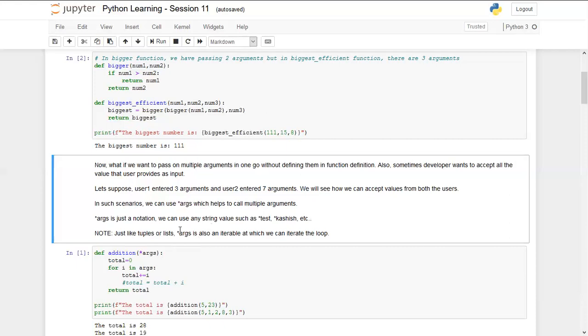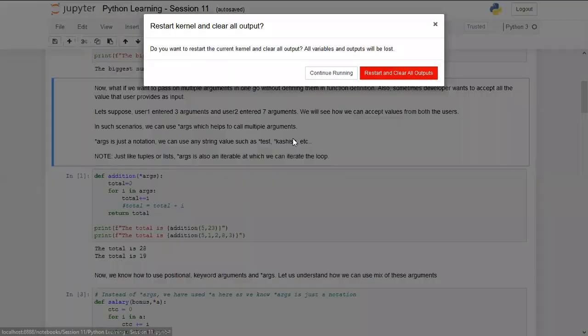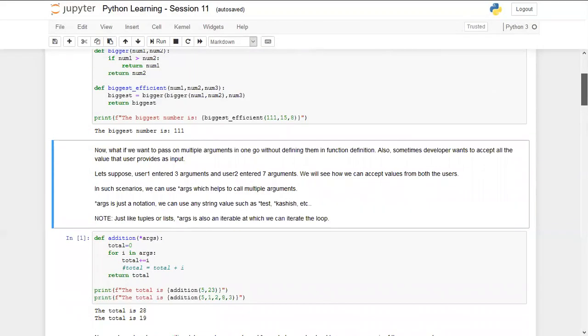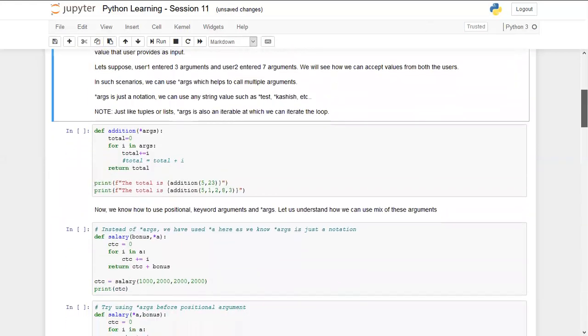So suppose I use star args and provide 5 values or 4 values, I can iterate through each value using a loop. It can be a for loop or a while loop. So let's jump into the code and take some examples, but before that, let me clear the output so that I can explain it better. So it is working. Okay, now it's done.